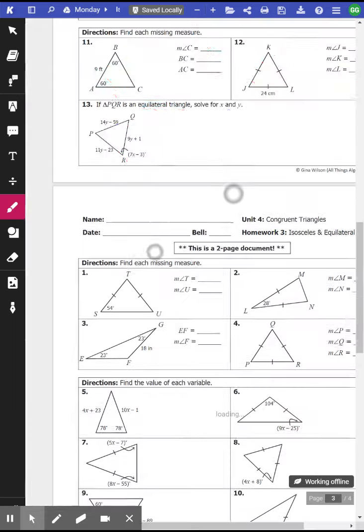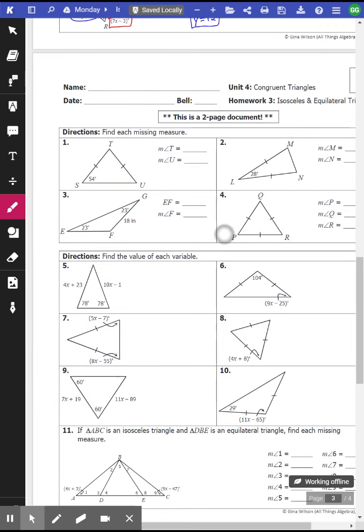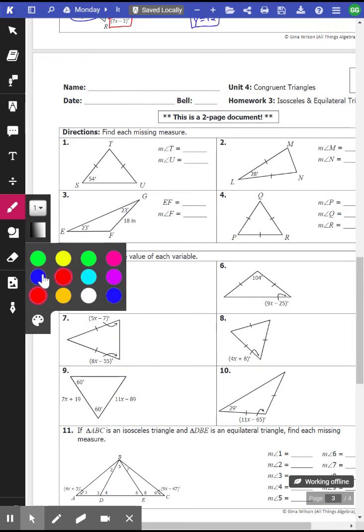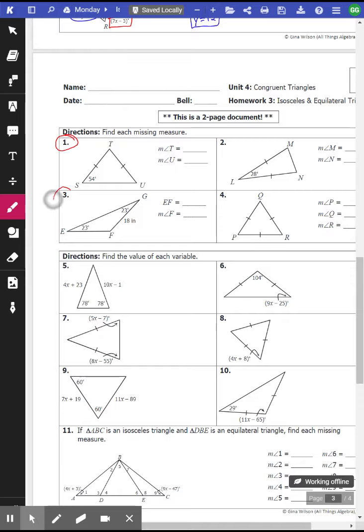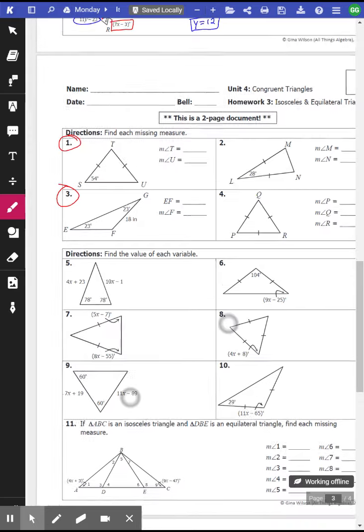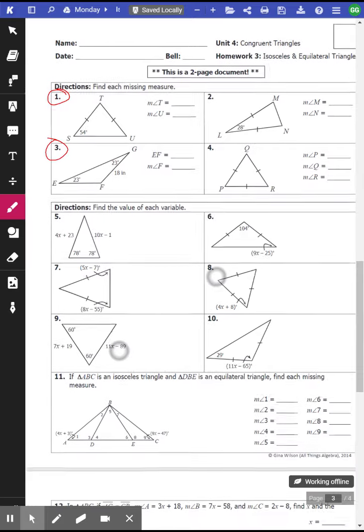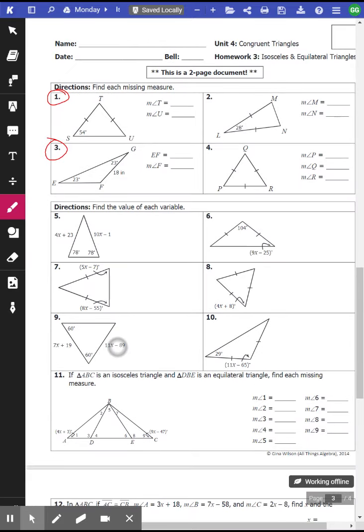All right, let's see what problems you're going to do. I think I'll give you 6 today. Let's work on 1, 3 for your homework. Let's work on 6, 8, 11. That's 1, 2, 3, 4, 5.